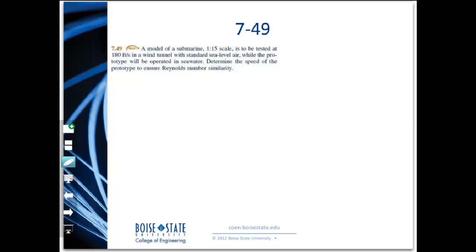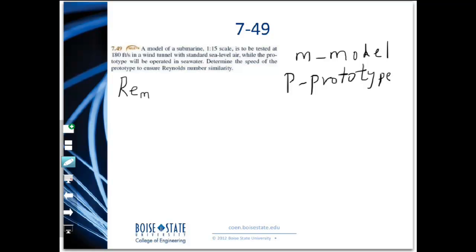Okay, so if I denote subscript M for the model and P for prototype, you want to ensure Reynolds number similarity. That means Re M for the model and Reynolds number for the prototype should be the same.